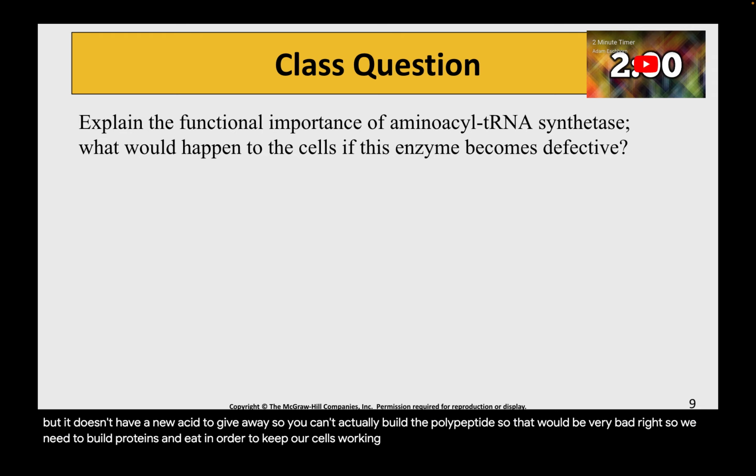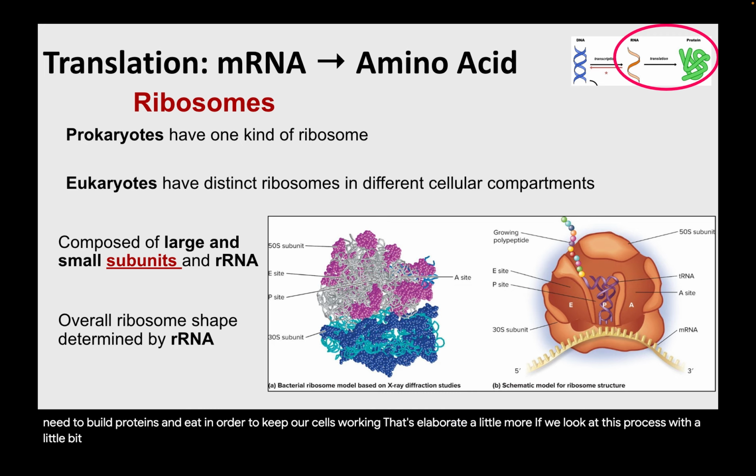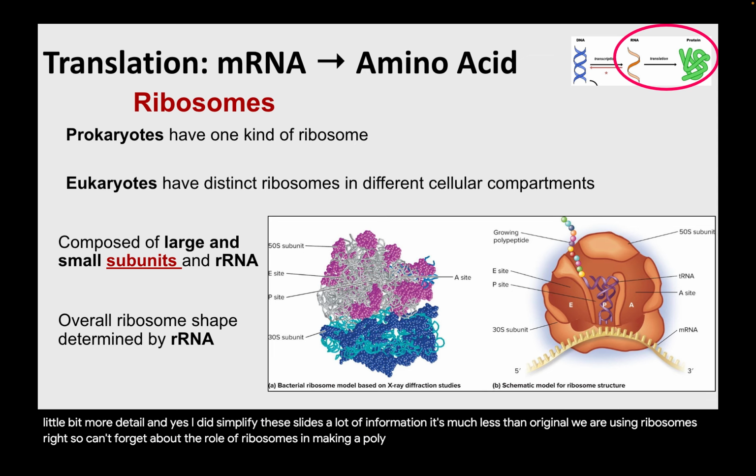All right, let's elaborate a little more. So if we look at this process with a little bit more detail, and yes, I did simplify these slides, so you know it's a lot of information, it's much less than the original. We are using ribosomes, right? So we can't forget about the role of ribosomes in making a polypeptide.